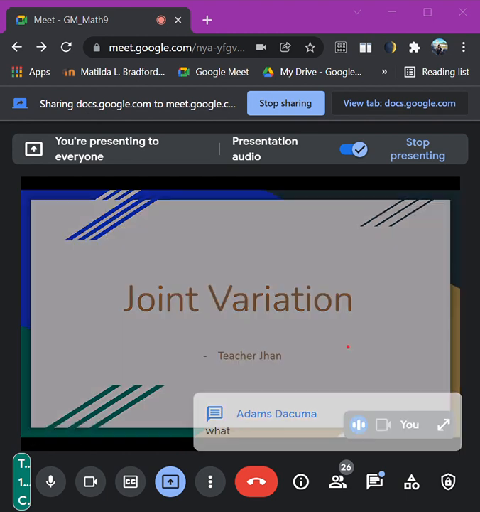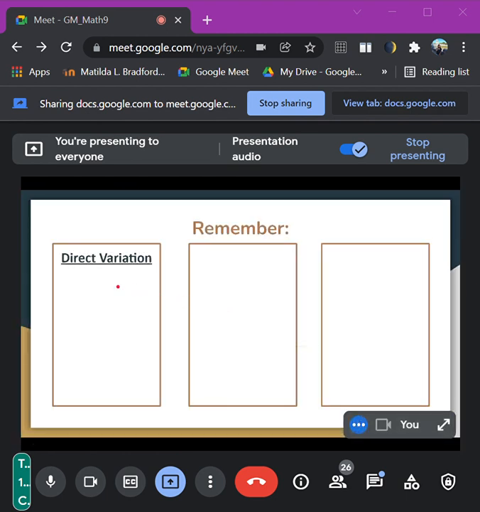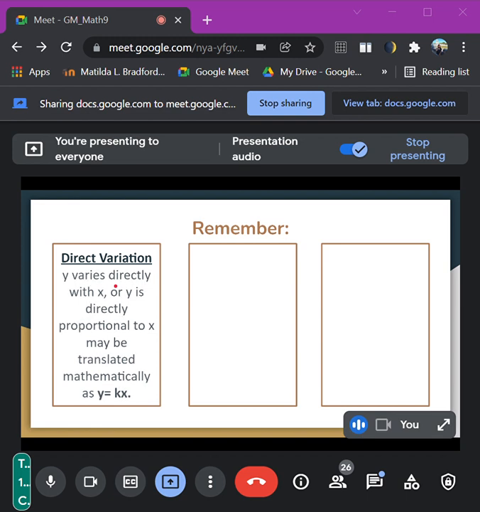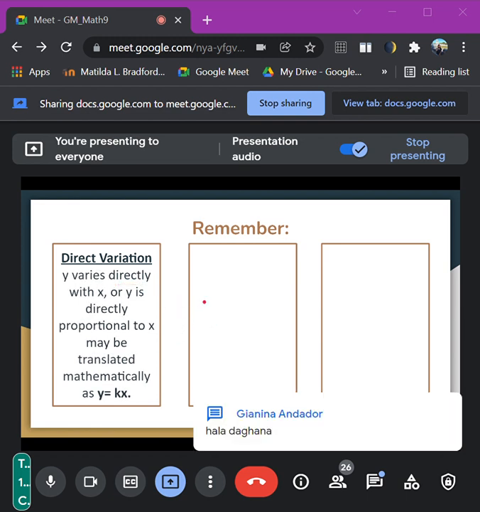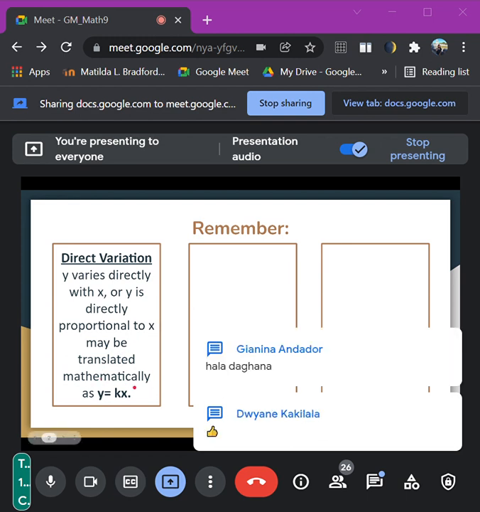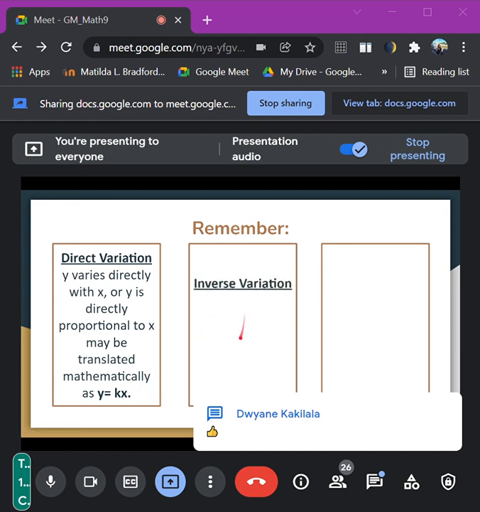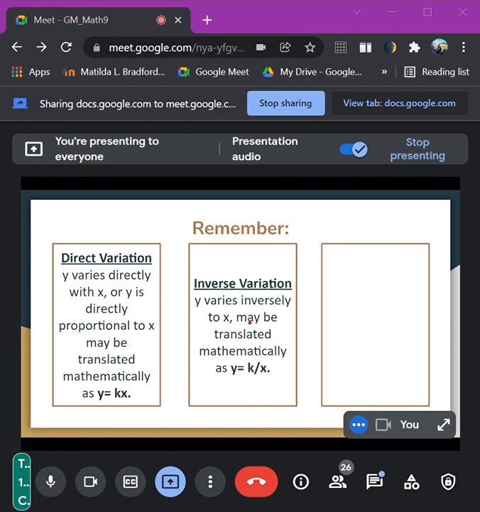So, let's review for a while. The direct variation, that is y varies directly with x, or y is directly proportional to x, may be translated as y is equals to k times x. While inverse, as discussed a while ago, y varies inversely to x may be translated as y is equals to k over x.